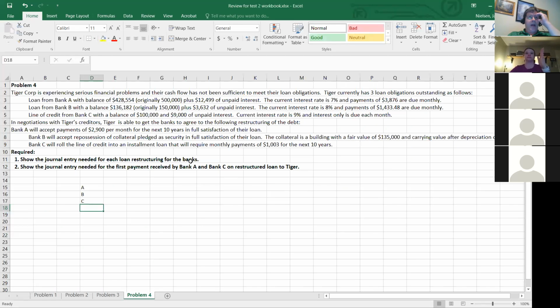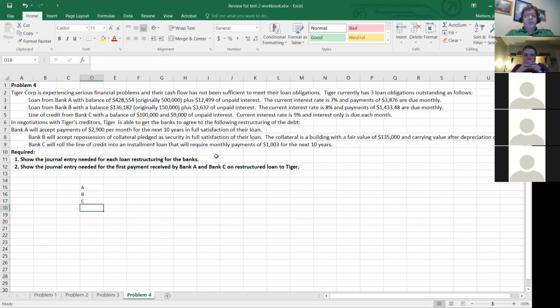Now, what did we learn about note receivables for banks? If there's any change in the terms, it's impaired, right? We don't have to do the whole recoverability test, because if a bank is going to give you any better deal, then it has to be a better deal for the customer, and that means they're paying less, which means that it's impaired.